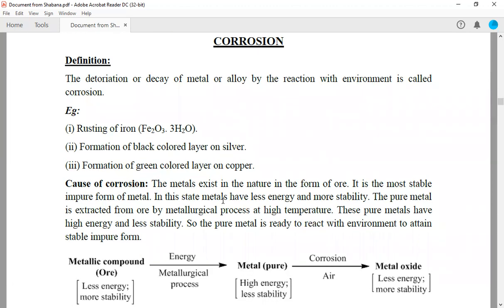Coming to the cause of corrosion: why does corrosion take place?